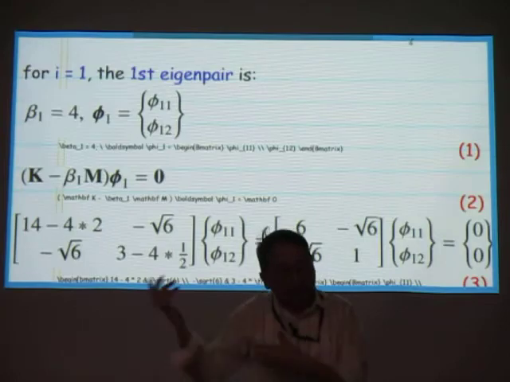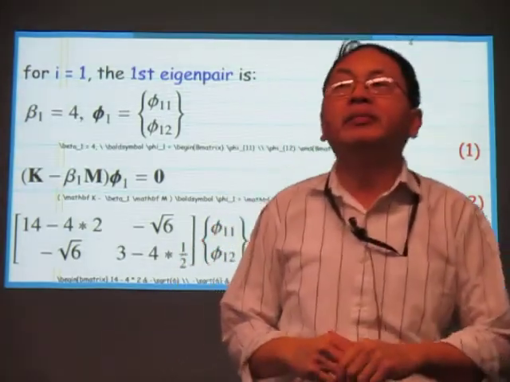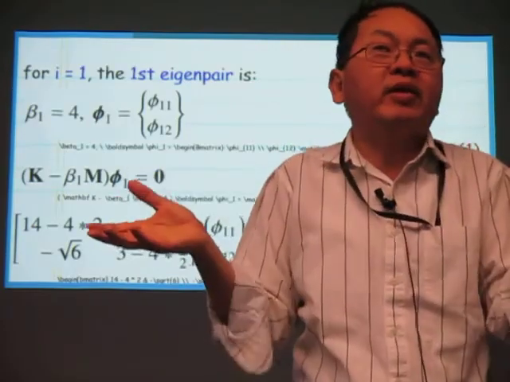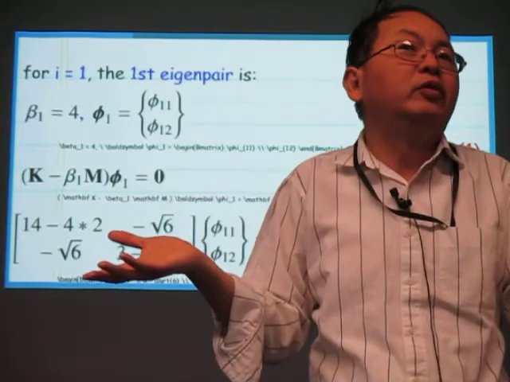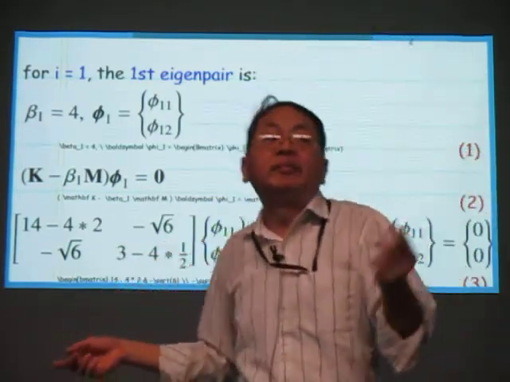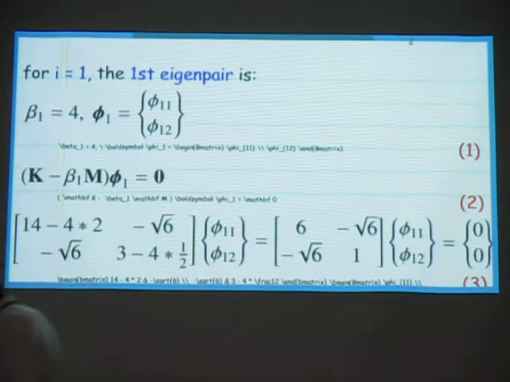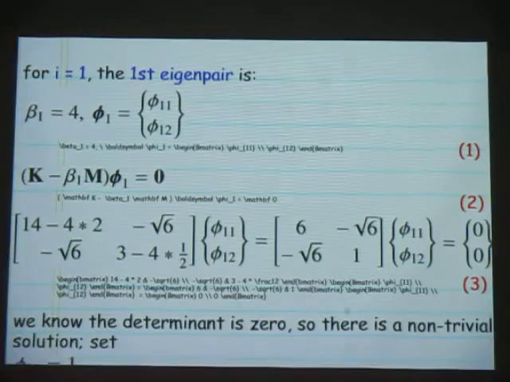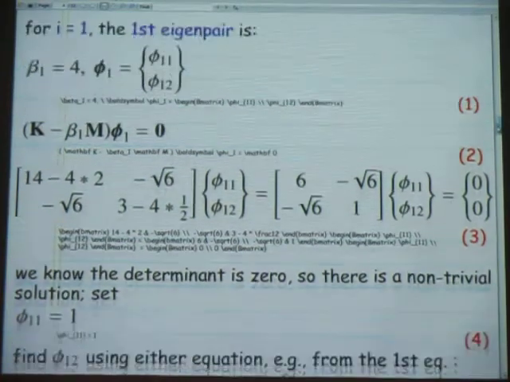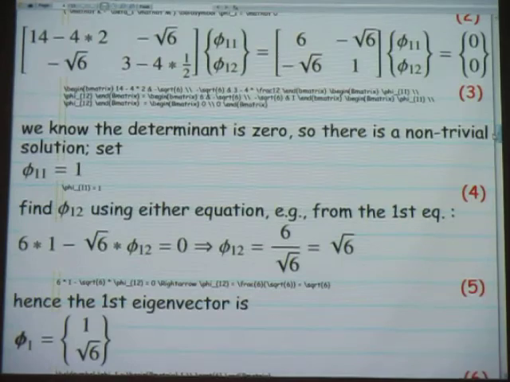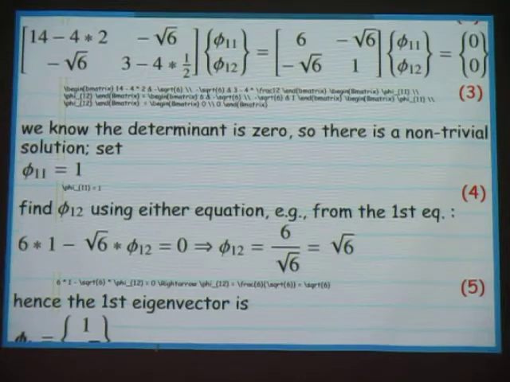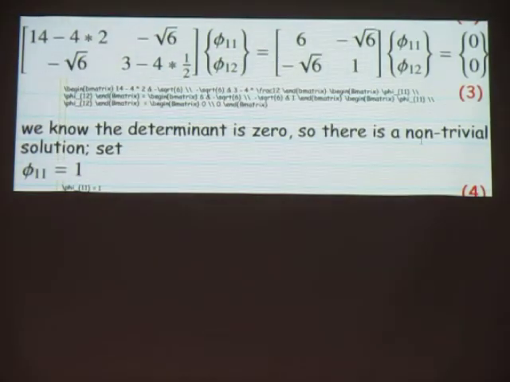So actually you only have one equation, but two unknowns. The method, as in the case of the standard eigenvalue problem, is to set one of those two coefficients to some arbitrary number. One is a simple number to choose, and then solve for the other. So the next step here is to set the first coefficient to 1 and solve for the second coefficient.